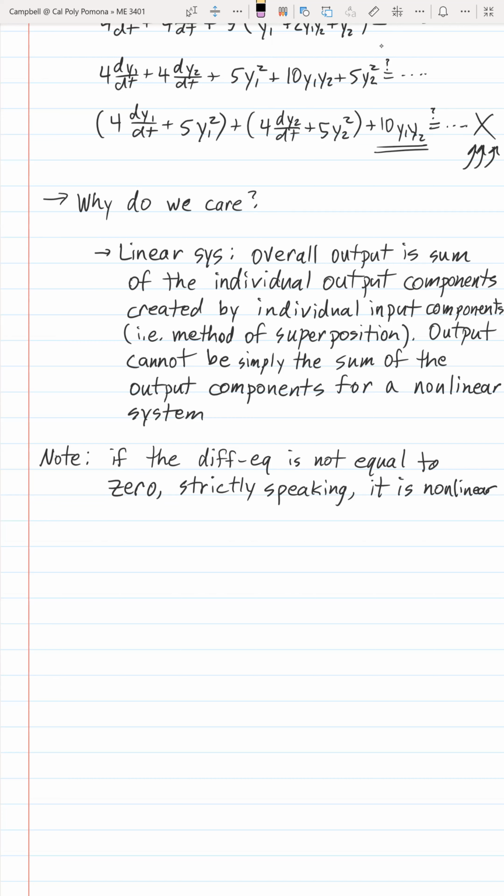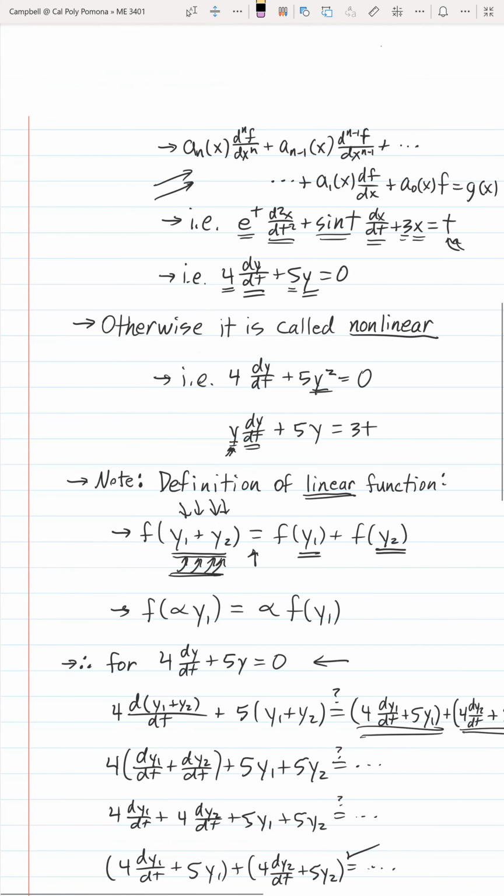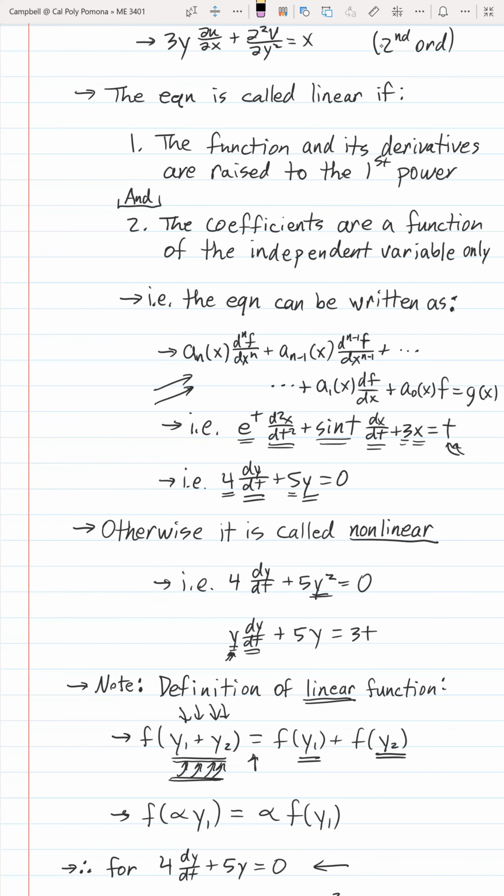So even though we will call the differential equation a linear differential equation, even when it is not homogeneous, right? This is indicating that it may not be homogeneous. And so we'll still call it a linear differential equation. Understand that it really is only linear when it is equal to 0.